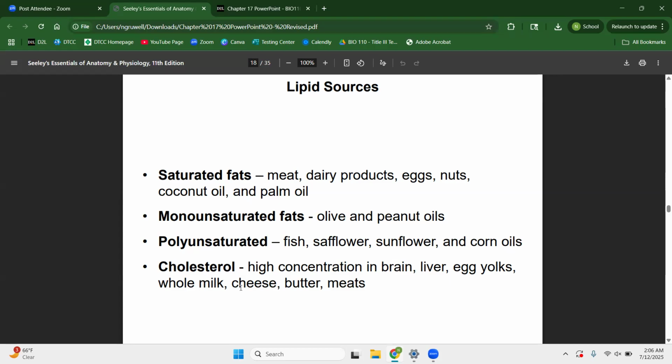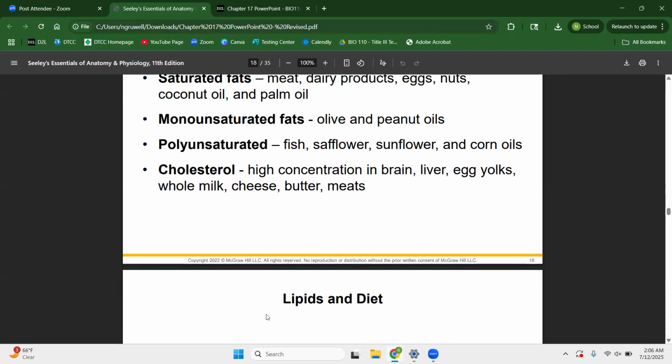And then, of course, cholesterol itself. If you eat certain organs like the brain or liver, they're very high in cholesterol. The yolk portion of the egg is high in cholesterol. Whole milk, cheese, butter, meat, really anything in our saturated fat world is going to have cholesterol.